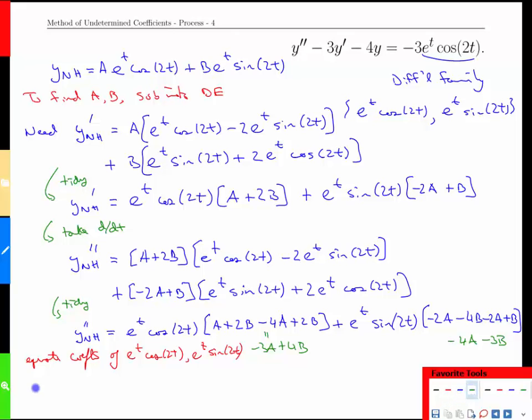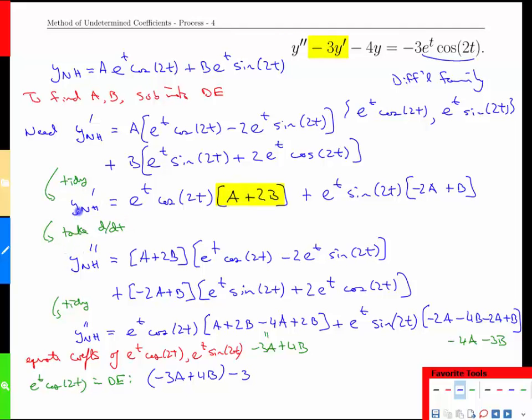If we look at the coefficients of e to the t cos 2t, this is in the differential equation. We have in the differential equation y double prime. Y double prime has e to the t cos 2t's in it, absolutely. In fact, it has negative 3a plus 4b's of them. And then we have minus 3 times y prime, but only the coefficient of e to the t cos.